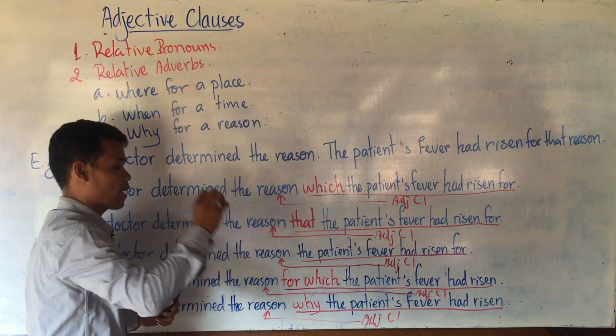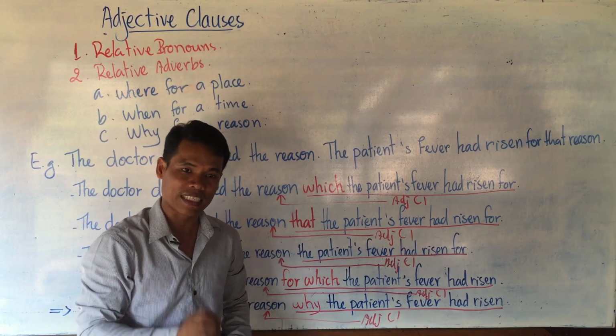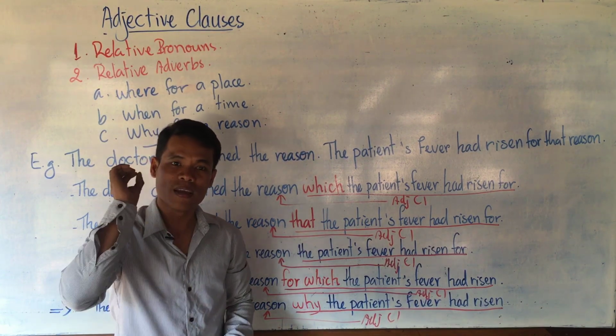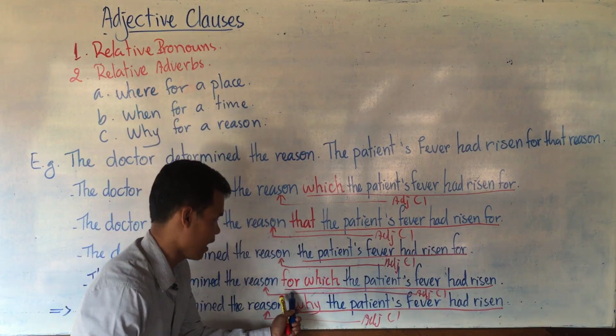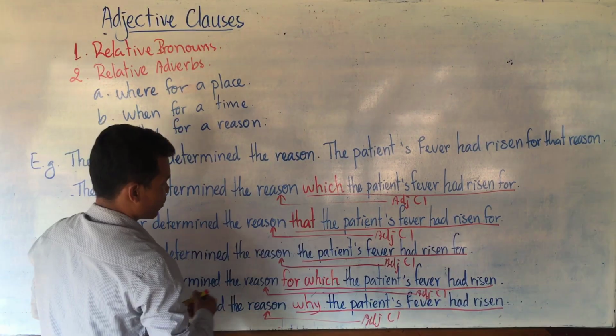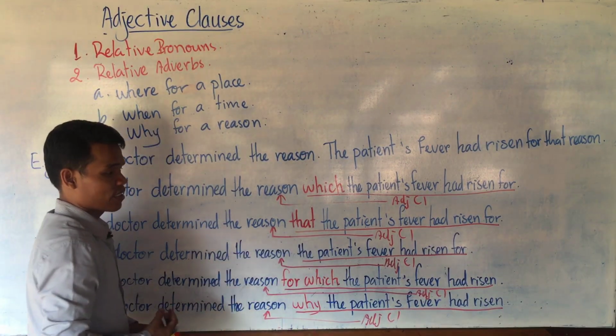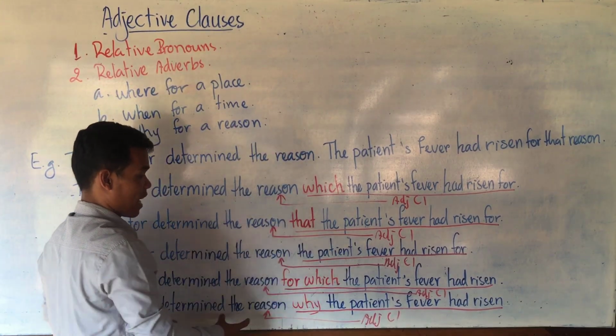All relative adverbs come from preposition plus relative pronoun. For things like this, those relative adverbs come from preposition plus which, like this example. One more thing, if you explain this to your students, no need to write a long explanation like this.